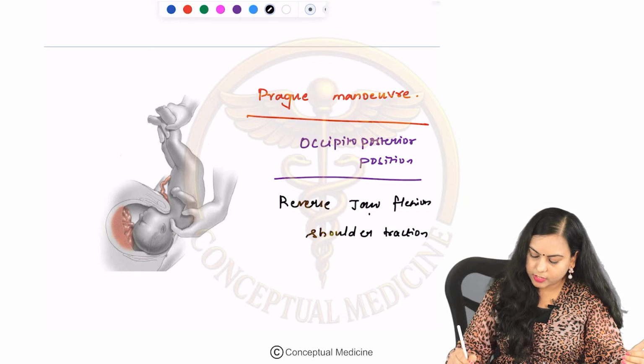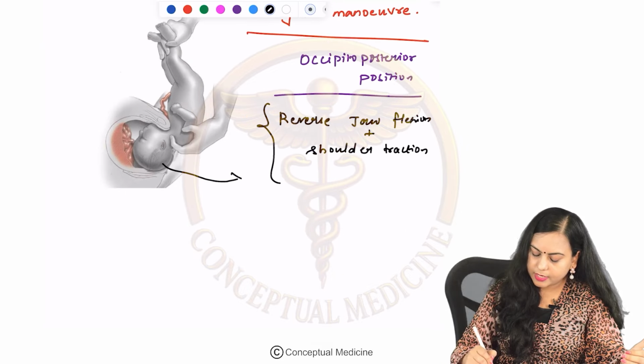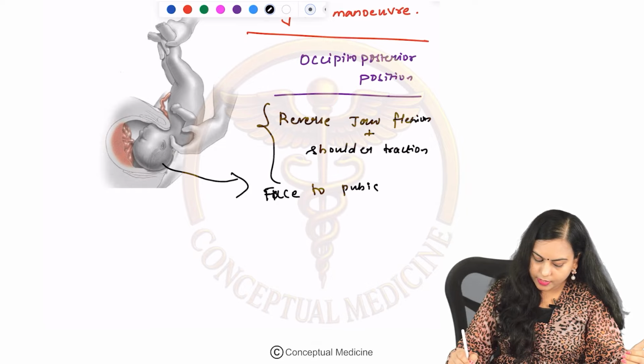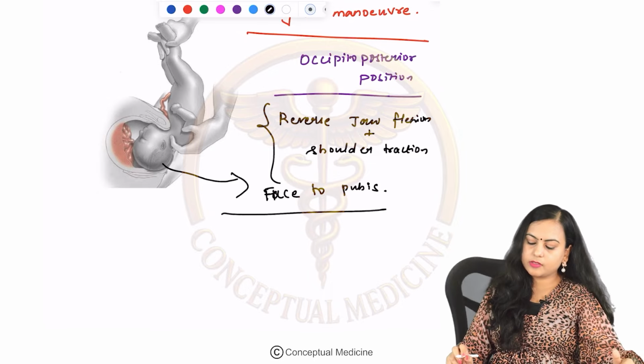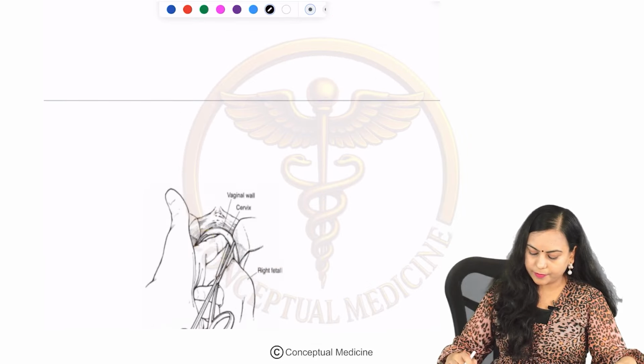Okay, so these two things are done here and the baby will be delivered as face to pubis. Okay, so there is reversed jaw flexion and shoulder traction, right? So this is frog maneuver.